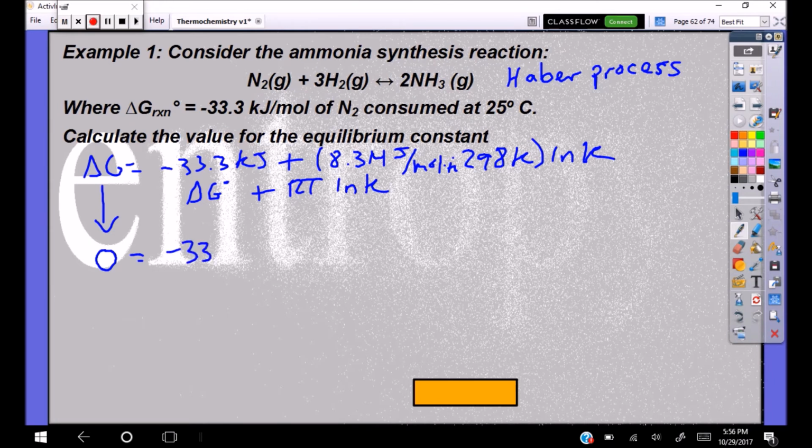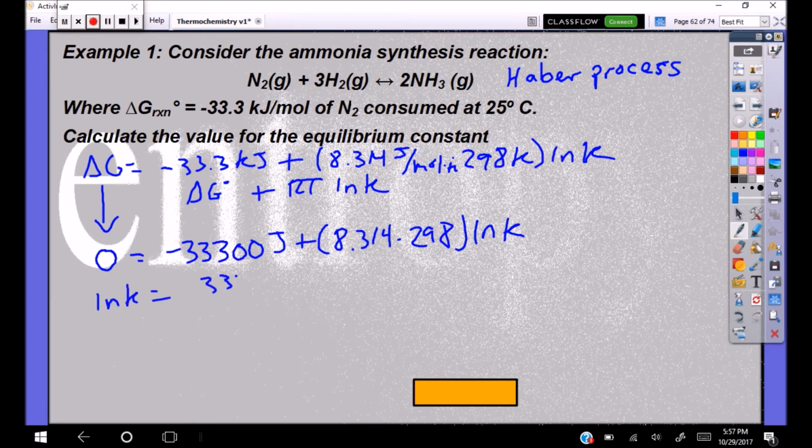And I'm actually going to take the moment to convert this to joules. We know that 0 equals this many joules for our delta G naught plus 8.314 times 298 times natural log of K. This is what our system is. If we move our terms around, we get natural log of K is equal to 33,300 joules over 8.314 times 298.